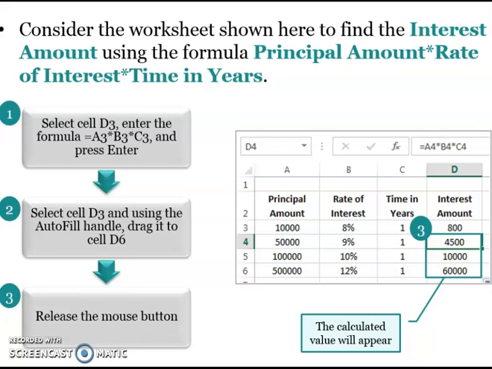These are shown in this slide. The result will be shown on D3. Exactly like that, I will drag this autofill handle down to D6, because I have values till D6.